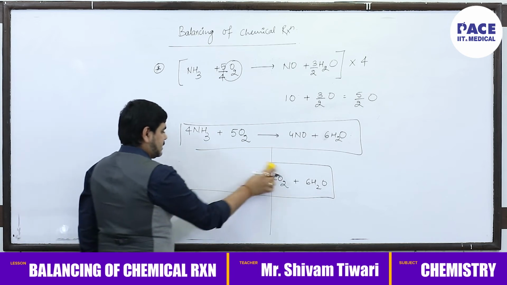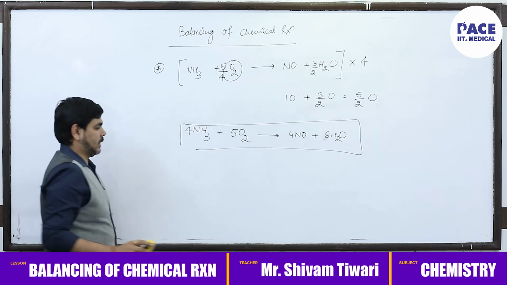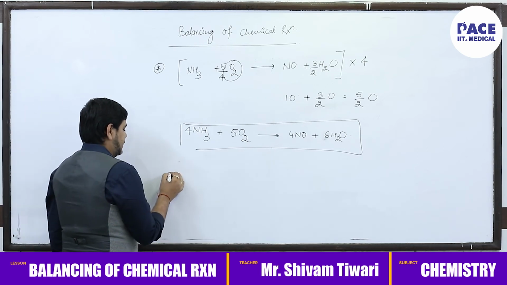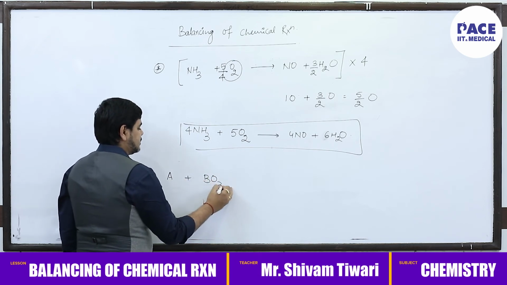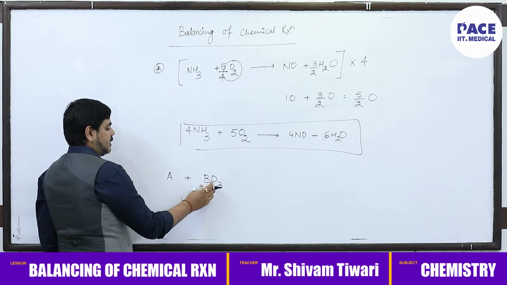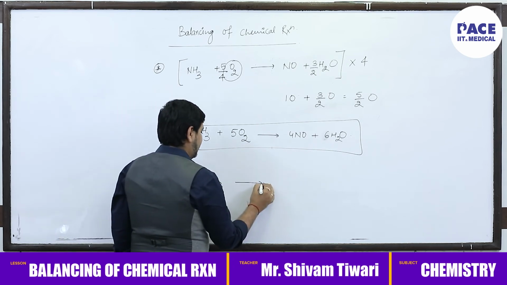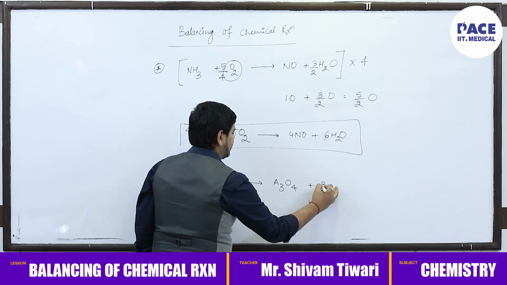I'll give you one more example, and this example is a little bit difficult. Let's say somewhere it is written as A plus BO3. Just assume A is one element and BO3 is another substance, and it is going to form A3O4 plus B2O3.